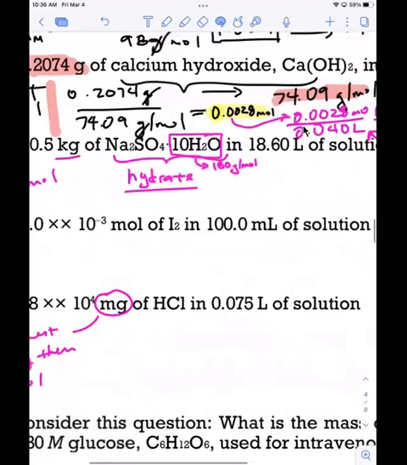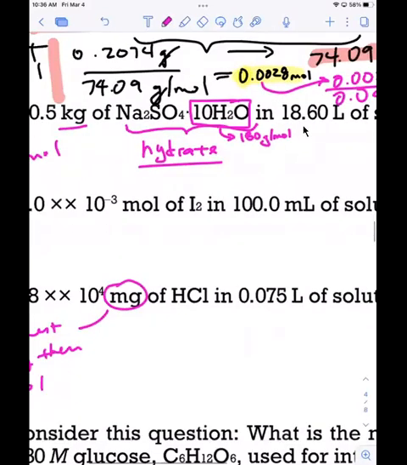Anytime you see a formula like that with the water attached, like 10, this would be called a decahydrate, sodium sulfate decahydrate, because it's 10 waters. If it was 5, it would be pentahydrate. 7 would be heptahydrate, and so on and so forth.